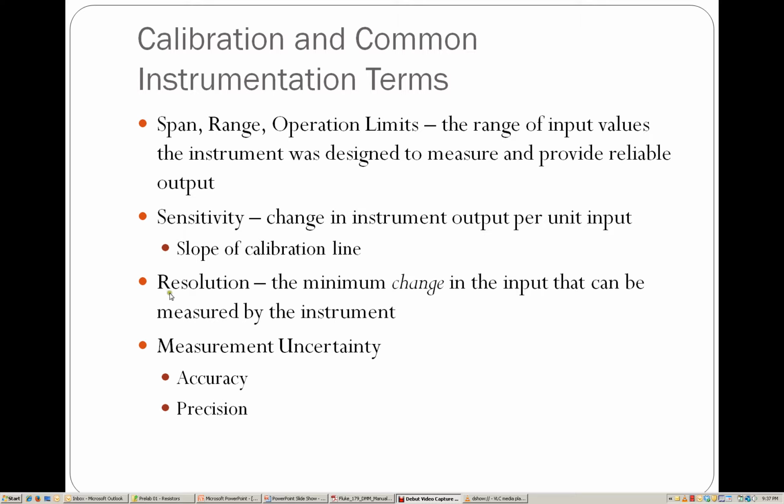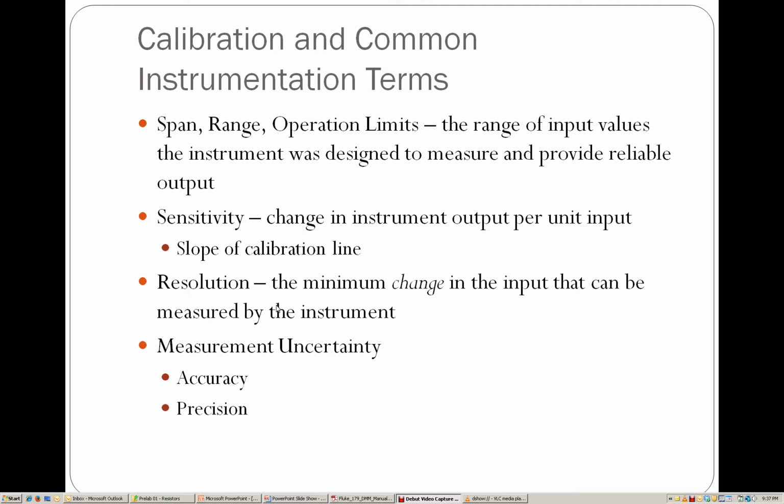This is also related to resolution. Resolution is the minimum change in the input that can be reliably measured by the instrument. So both the sensitivity, the slope of the calibration line, as well as the uncertainty about that calibration line determine our resolution.